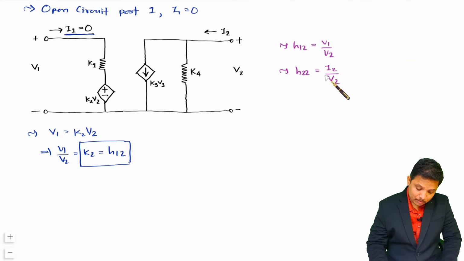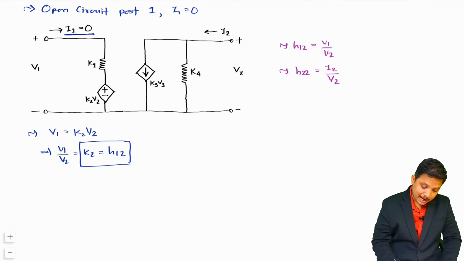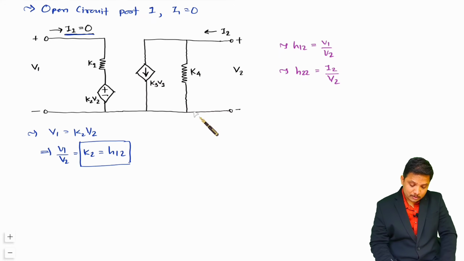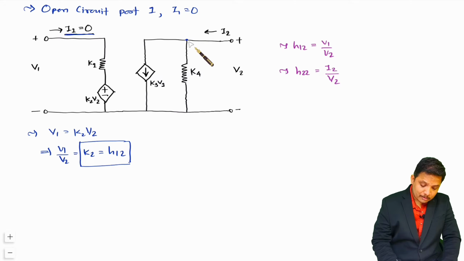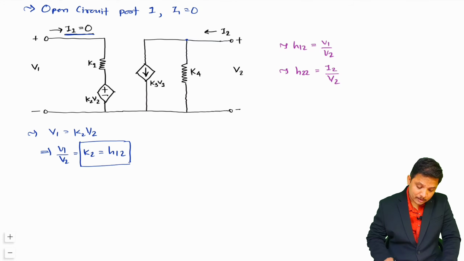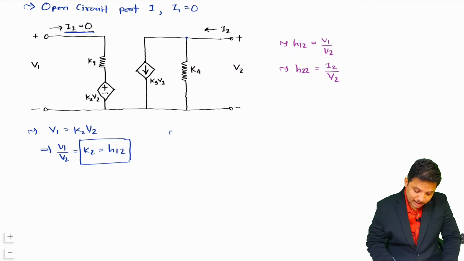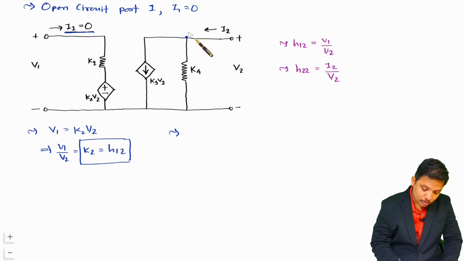Now I want to find H22, that is I2 by V2. Now see, I2 and V2 are happening over here, right. By applying KCL we can identify the relation of I2 and V2. So I am considering this as a node, let us say node A. Here current comes, that is I2.